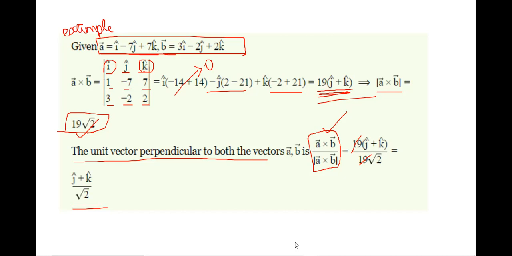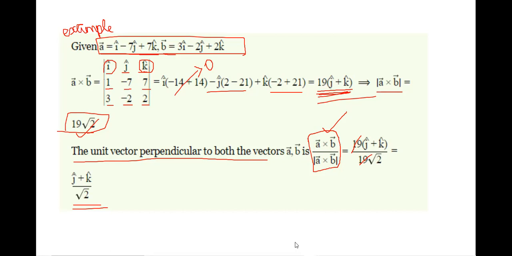Now how will we represent the vectors? Till now we have seen what a vector is, how to represent it, and how we say that a particular vector is a unit vector. To represent vectors, there are two ways: geometrically or graphically.